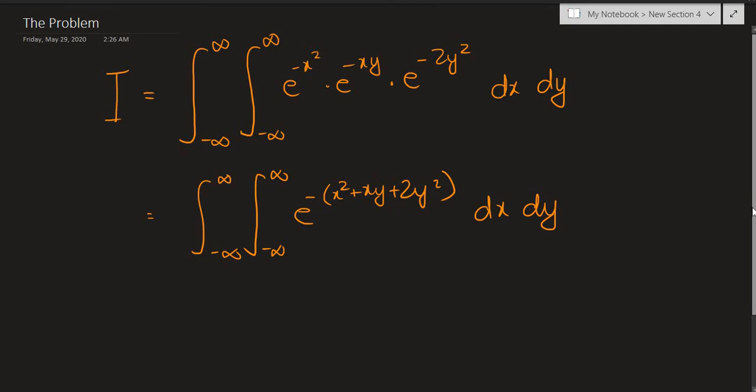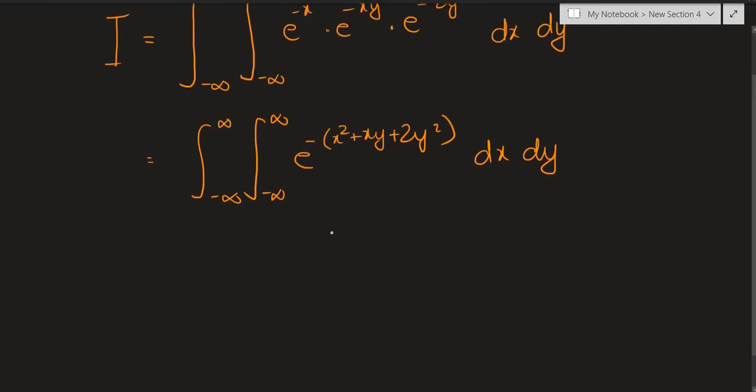So now what can we do going forward? Because notice there's an xy term. If there wasn't a mixed term like this, while integrating with respect to x, we would have just pulled out the y terms in between the integrals and then just integrated with respect to x. But since we have this combination term, we have to think about something else.